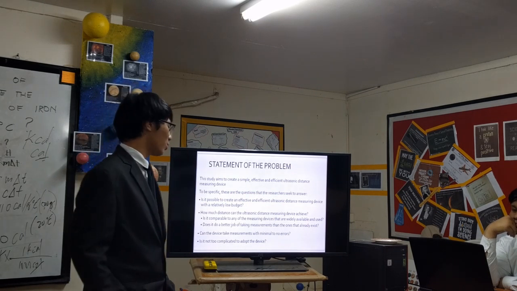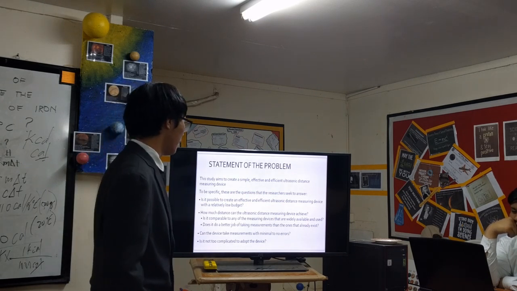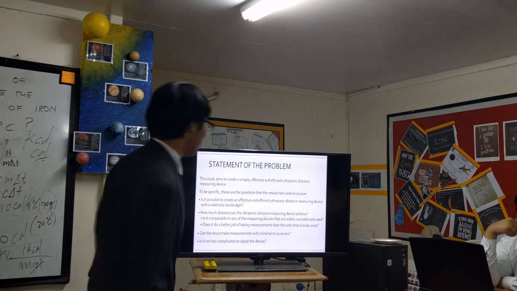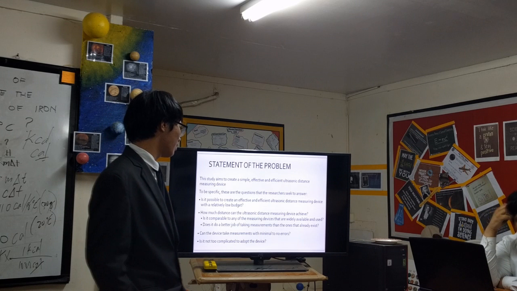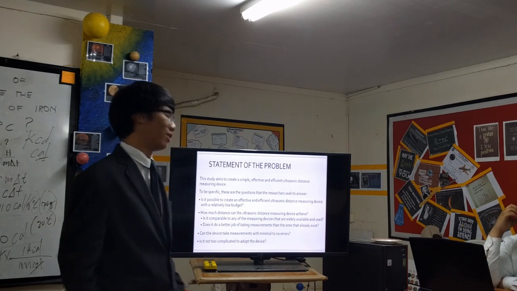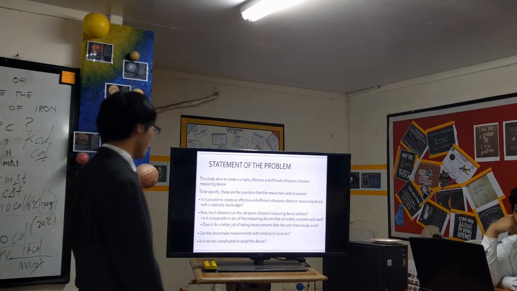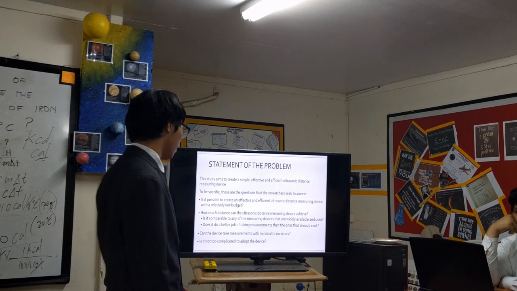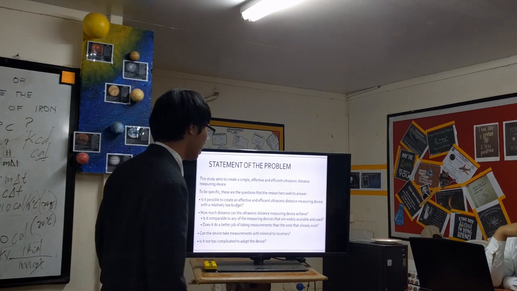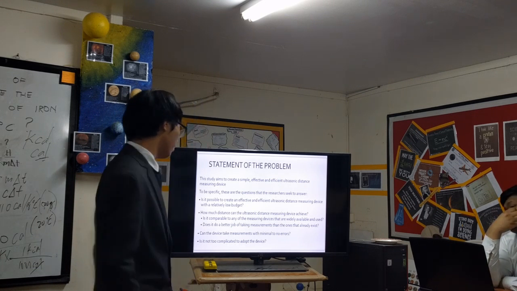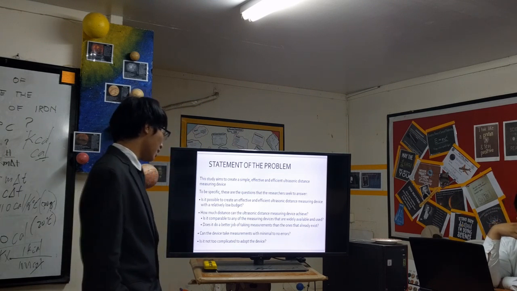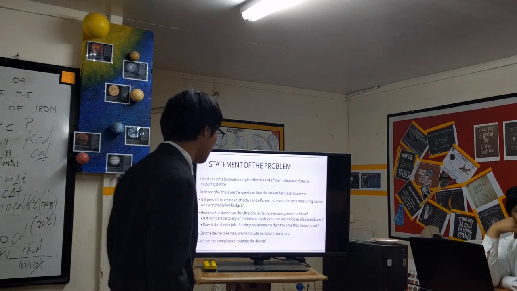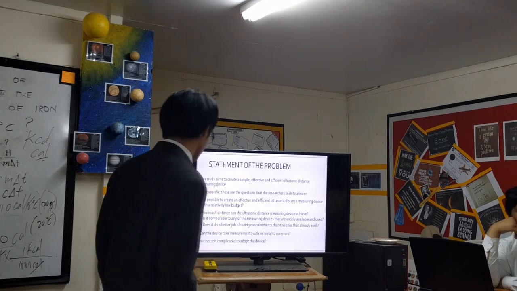So now we're moving on to the statement of the problem. This study aims to create a simple, effective, and efficient ultrasonic distance measuring device. To be specific, these are the questions that the researchers seek to answer. Our first question: is it possible to create an effective and efficient ultrasonic distance measuring device with a relatively low budget? Second question: how much distance can the ultrasonic distance measuring device achieve?